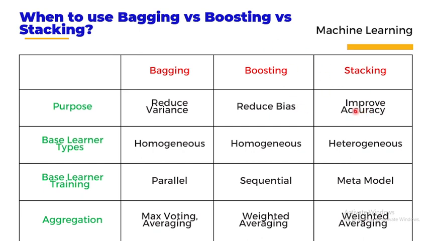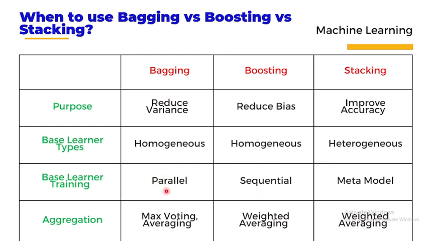And if you want to improve the prediction accuracy, you use the stacking technique. Bagging and boosting use homogeneous weak learners, whereas stacking uses heterogeneous strong learners.